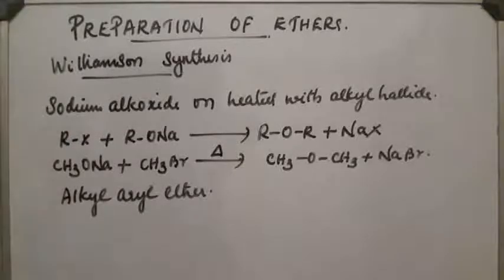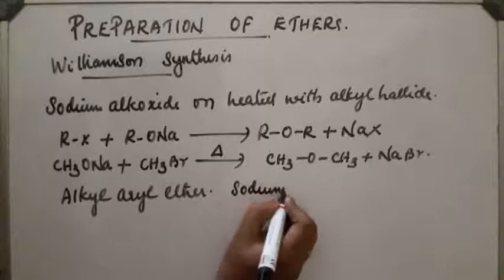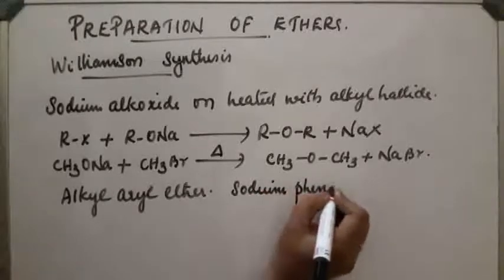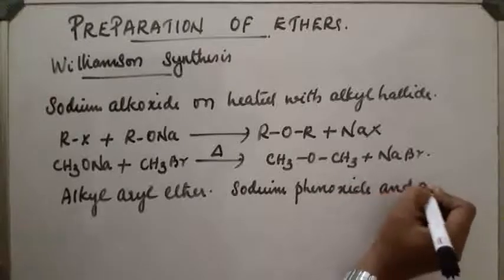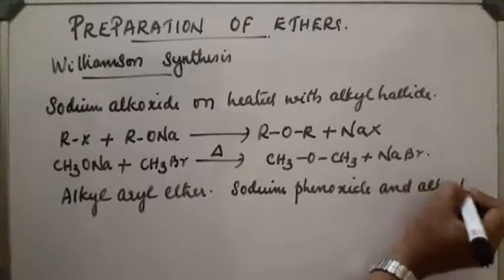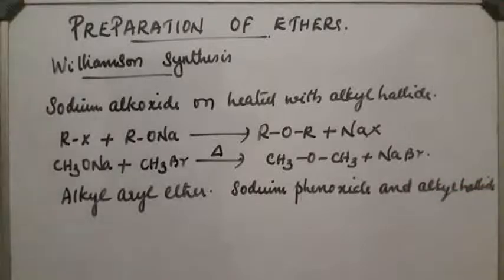So in order to prepare an alkyl aryl ether, first we have to take a mixture of sodium phenoxide and alkyl halide. So, we have to use sodium phenoxide for the preparation of an alkyl aryl ether.